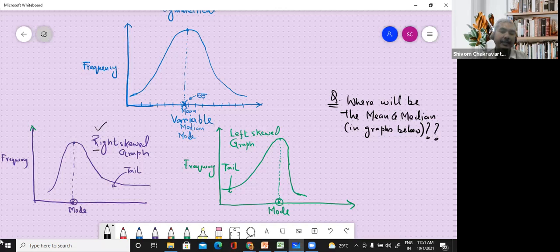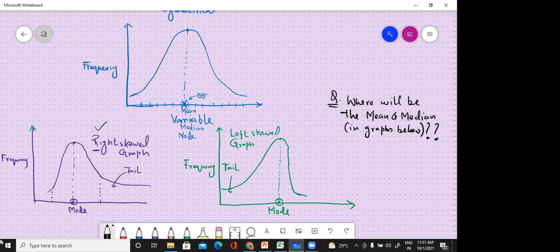Mean will be here somewhere or here somewhere. So I think the mean and median will be opposite to each other, but I don't know where to put them first.